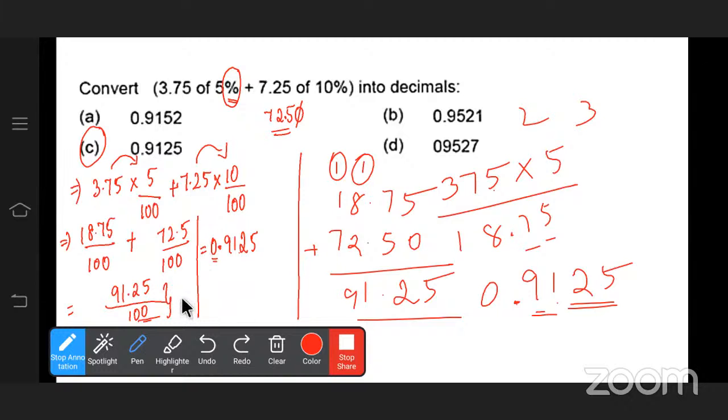Okay, ma'am. Understand, ma'am. Ma'am, 91.25 by 100 one step is there, no, ma'am. That you can do in simple division method, ma'am. That we always do, no, ma'am. Before step also you didn't show.